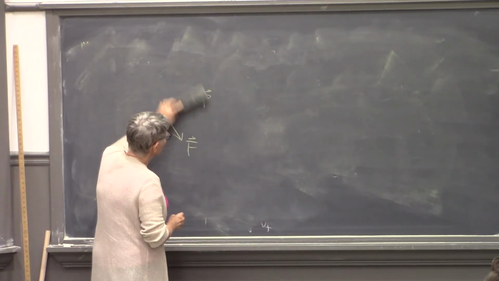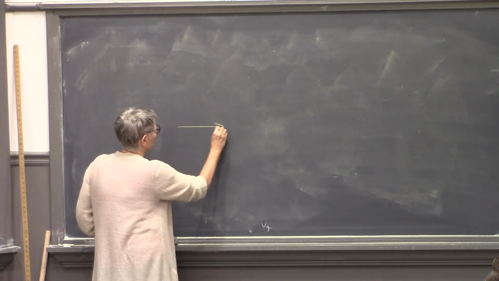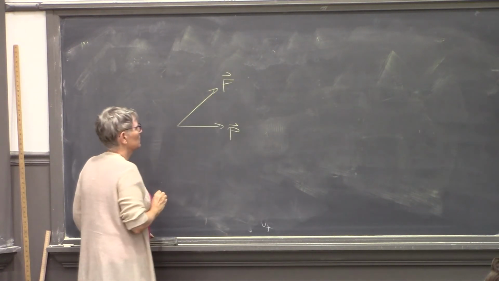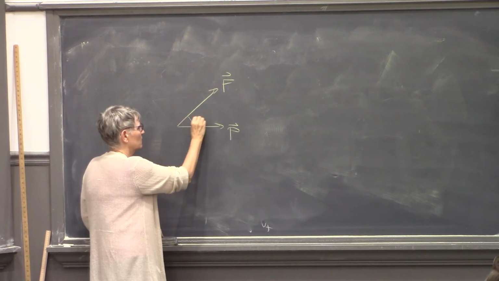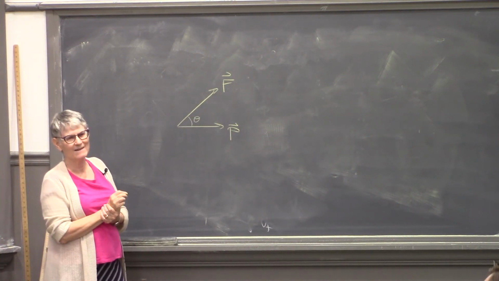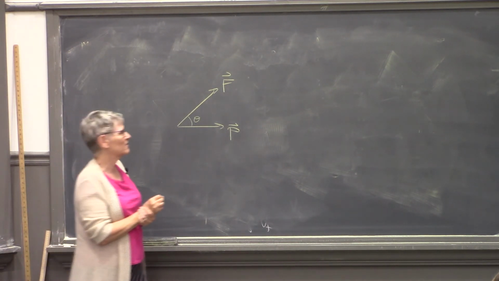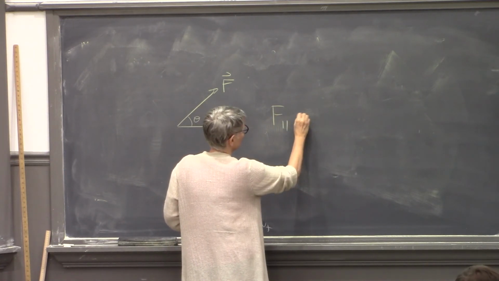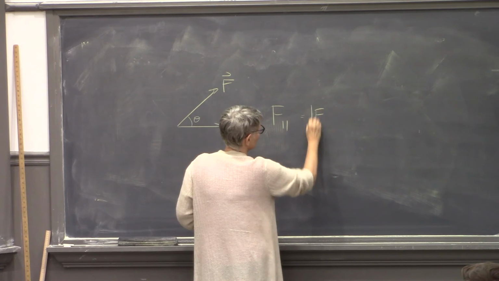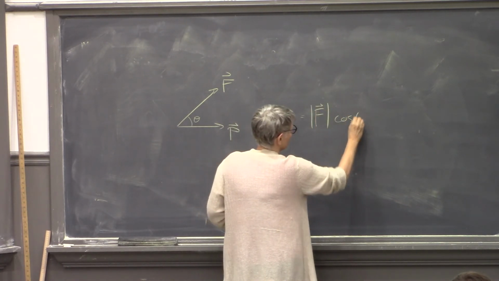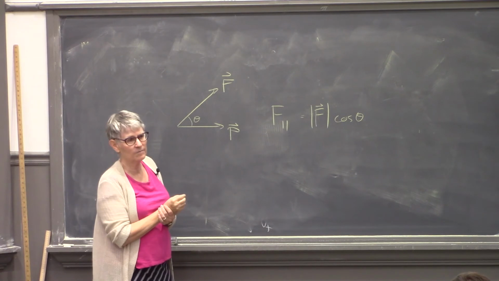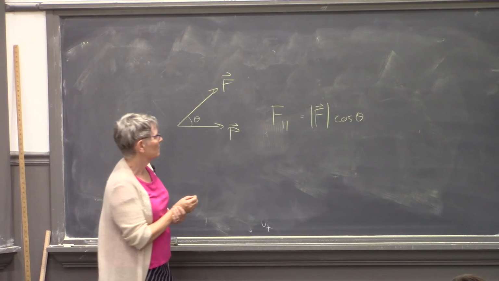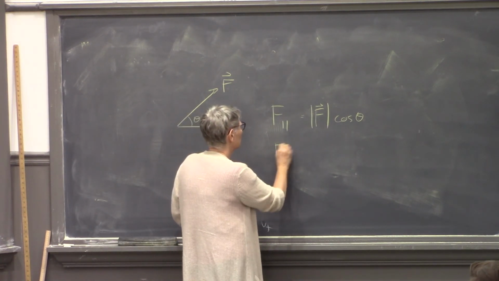Maybe it'll look a little more familiar if I redraw it a different way. Here's momentum. Here's our force. Here's some angle theta. Does that look more familiar? So the parallel component of the force is going to be what? Magnitude of F cosine of theta, right? So what would the perpendicular component be?